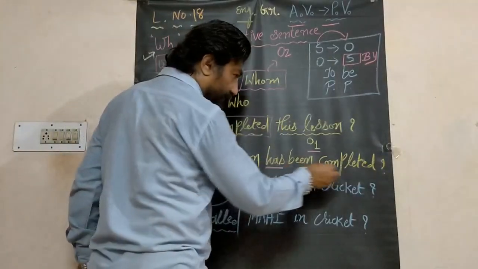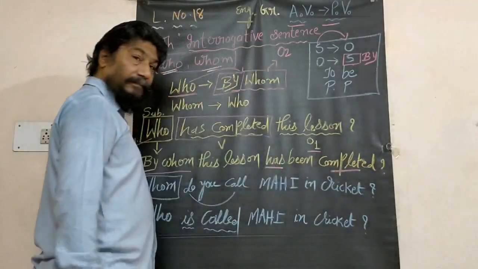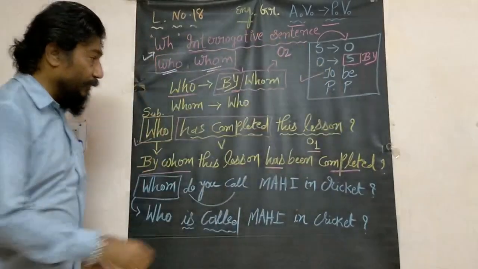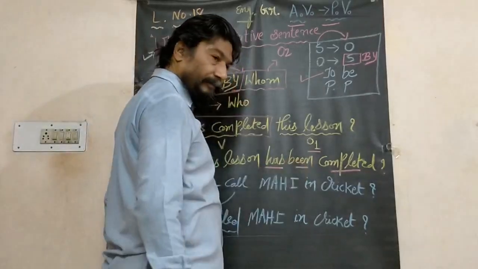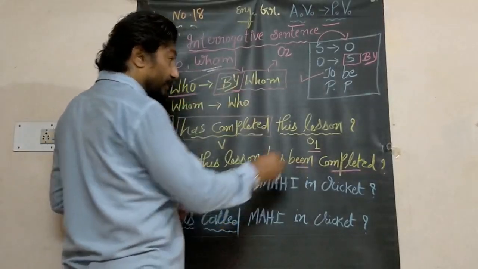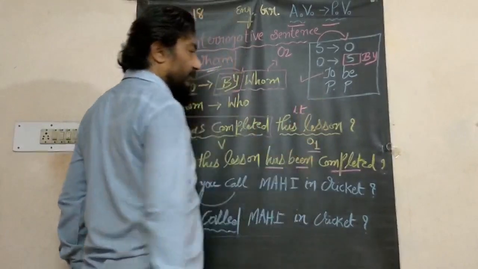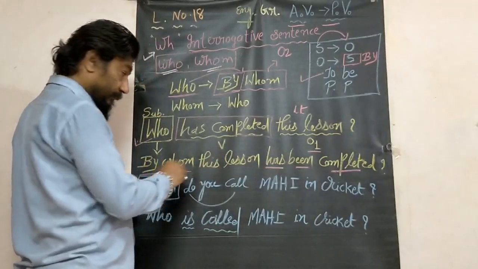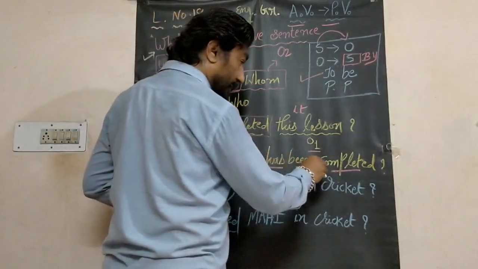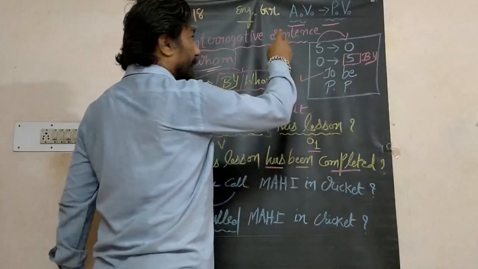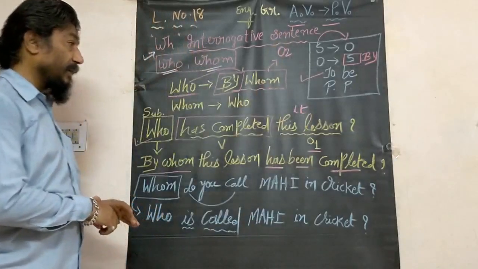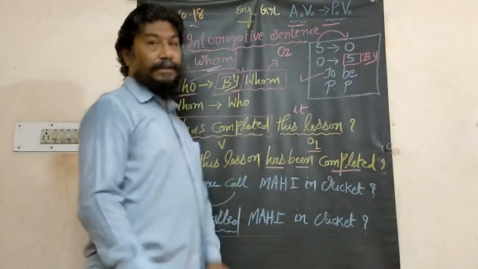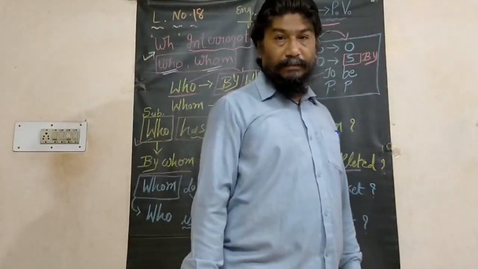Same present perfect I have used here. But we have to use this to be form also. And that to be form is used over here. This lesson is equal to it, that is placed here, so that by whom this lesson has been completed is the conversion. Active voice to passive voice, especially in the interrogative sentence when who is used in the sentence. Got the idea?